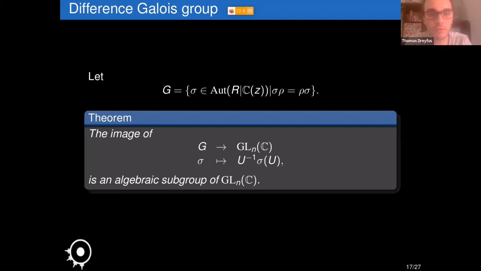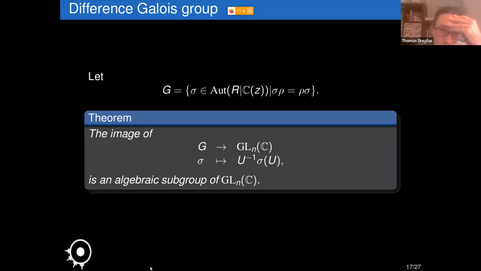And now I may define the Galois group. It's the group of automorphisms of R leaving C(z) invariant that commute with rho. And we have the image of the difference Galois group into a subgroup of Gn of C. The fact that you fall into Gn of C is a consequence of the assumption on the ideals.